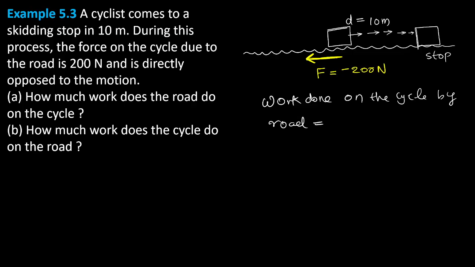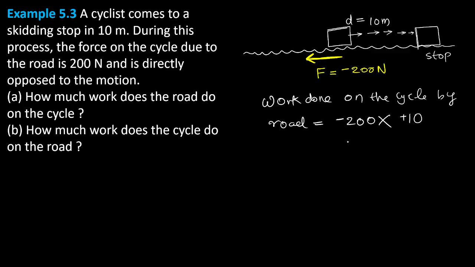How much force applied by the road? Force into displacement. Cos theta will not be there. Force into displacement, work done. Force is minus 200. Displacement is plus 10. Force into displacement. If force and displacement are horizontal, force into displacement. If theta is there, cos theta to be included.